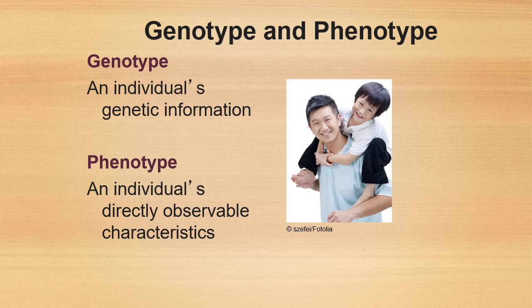A phenotype is the individual's directly observable characteristics, so it's how the environment shapes those genes. We are all humans. We are all born to walk, talk, breathe. But how does the environment shape those genes to make the person that we are? Just the characteristics. Are we outgoing? Are we shy?